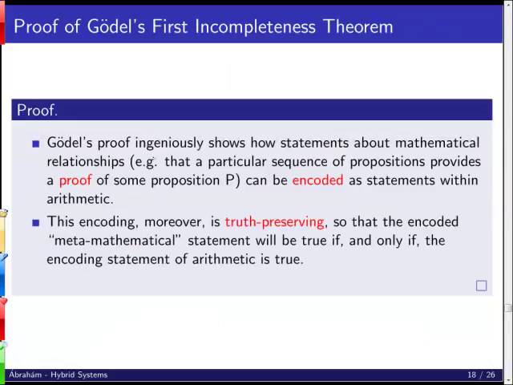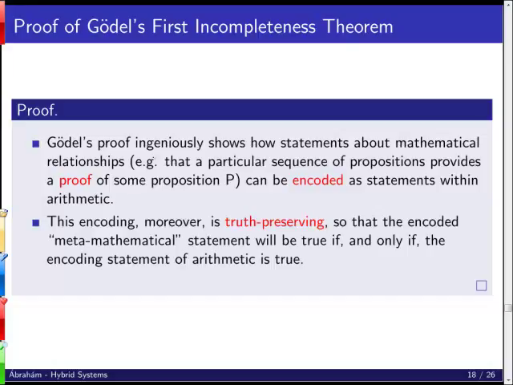Okay, and the proof is that he has shown that you can encode mathematical proofs in first order logic over the natural numbers, addition, multiplication. So in Peano arithmetic, you can encode proofs. This is basically already the sign that this logic is too expressive to be decidable.